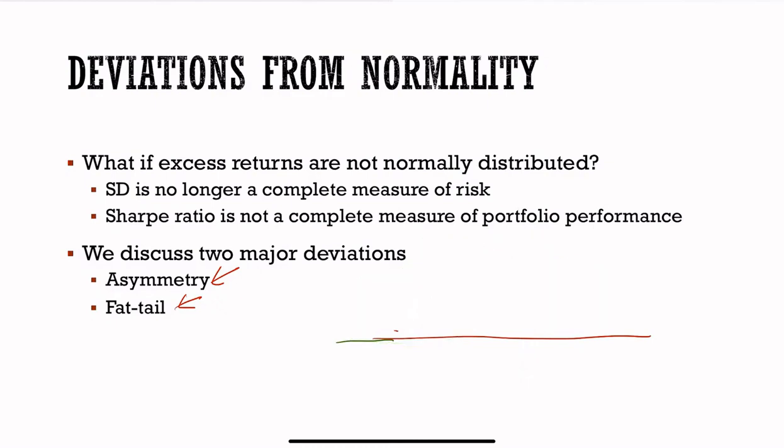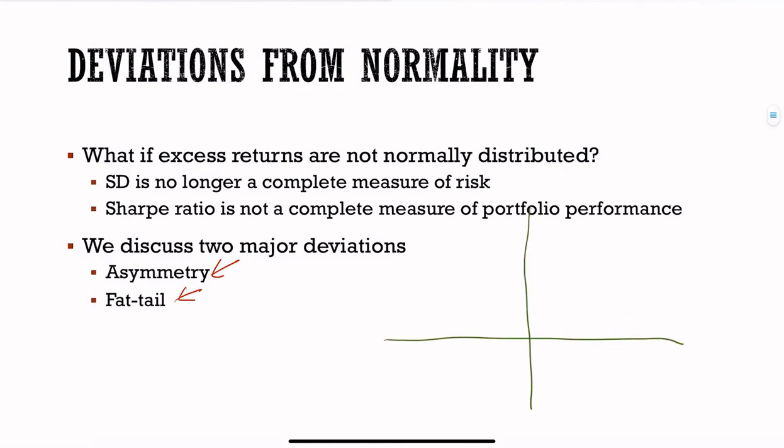And security returns also feature fat tail. So what is fat tail? Let's say this is a normal distribution, right? So fat tail means if you look at data, it will look something like this.